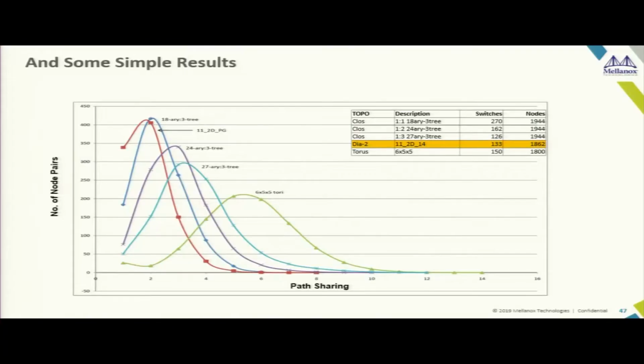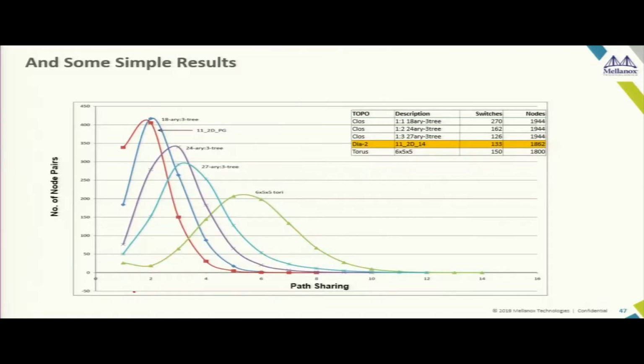Okay? Now, depending on your routing and your topology and your uplinks and so on, this graph basically shows how many times the path is being shared for how many pairs of servers. I did it for 2000 nodes. So if you take a 6 by 5 by 5 torus architecture, this is the graph.